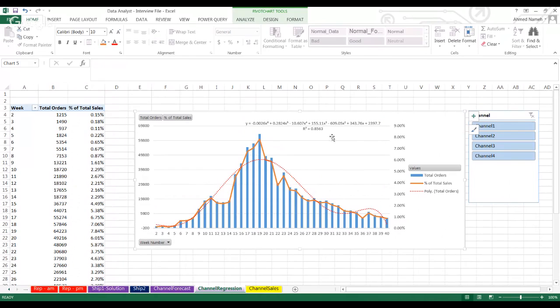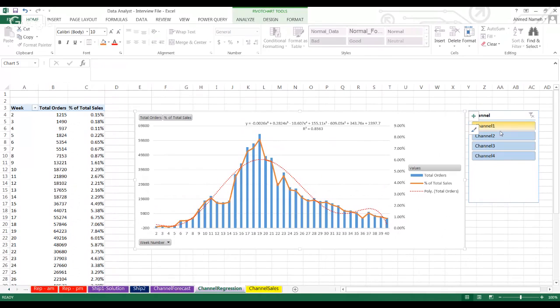So as a whole, for all 4 channels, we've got a 0.86 R value, which is great. As your R value approaches 1, it implies a greater correlation between your information and your line of best fit. So a 0.85 is actually quite strong.